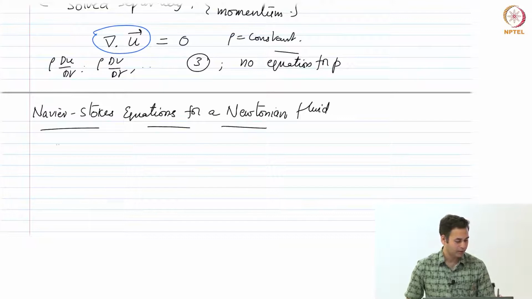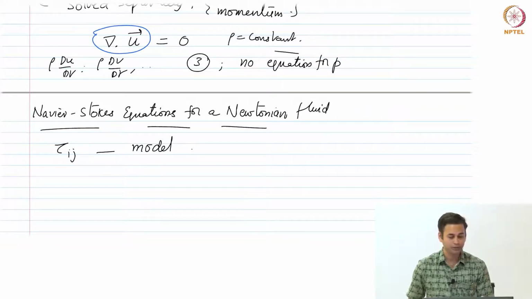So, the tau ij, the 9 terms that we have, out of which 6 are the independent ones for an isotropic fluid, are the ones which need a model, right, to specify them in terms of the other solution variables that we have, okay.